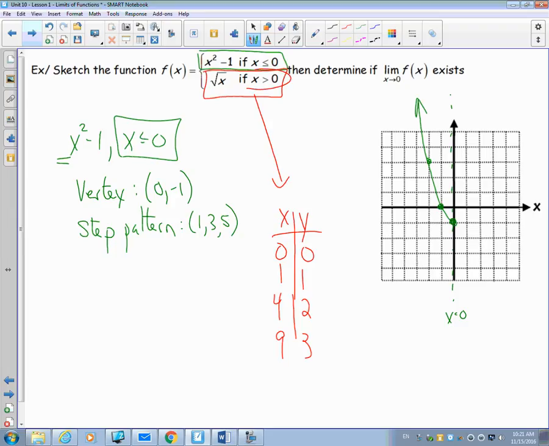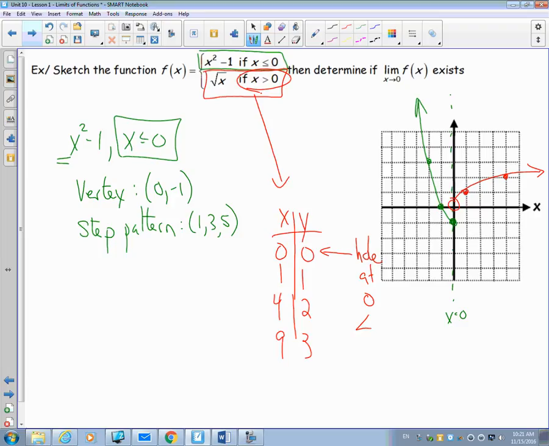We don't want to include 0. We want to get close to 0, but never actually hitting 0. So if you recall, that means you have a hole at 0, because we have just the greater than part. So we're going to draw it like a hole, an open circle, if you will. And then we have (1, 1) and (4, 2). We end up with this picture.